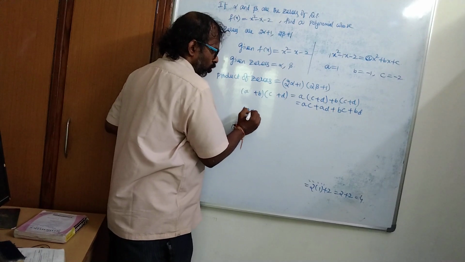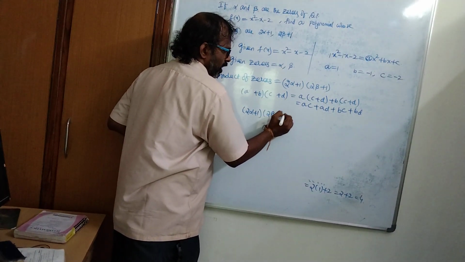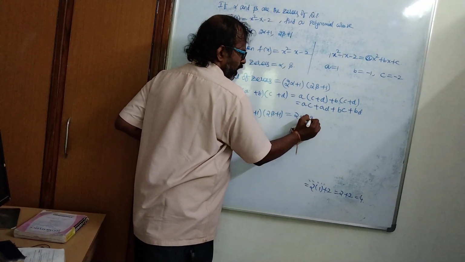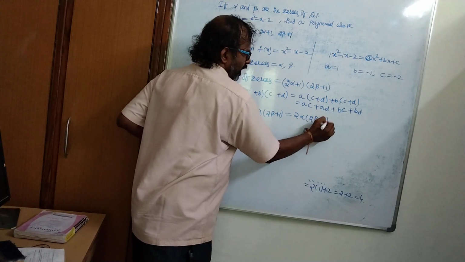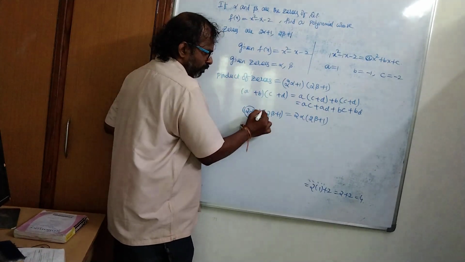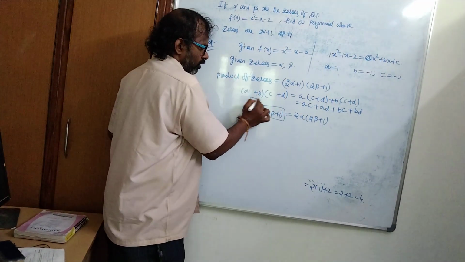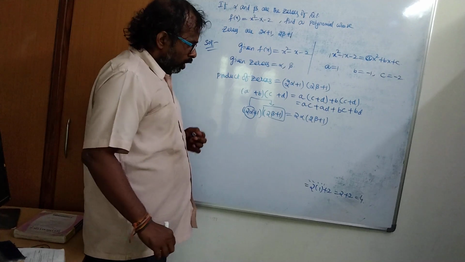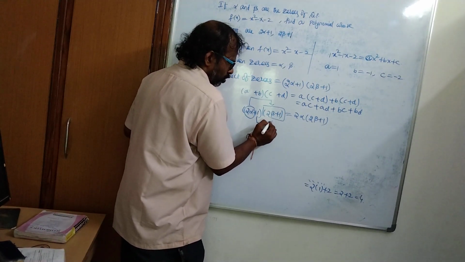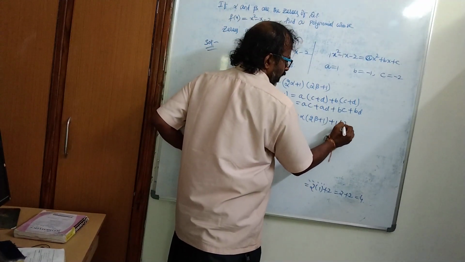What do we get? (2 alpha plus 1) into (2 beta plus 1) is equal to 2 alpha into (2 beta plus 1). This 2 alpha should get multiplied with this entire expression. Then plus 1 should get multiplied with (2 beta plus 1).